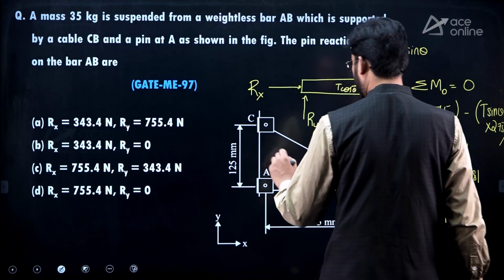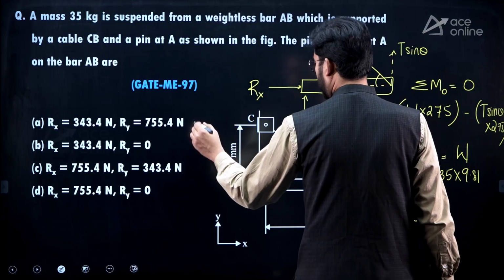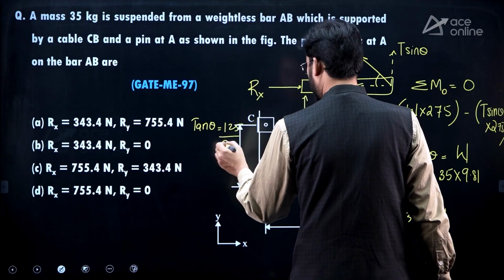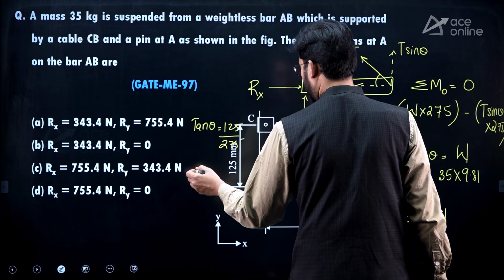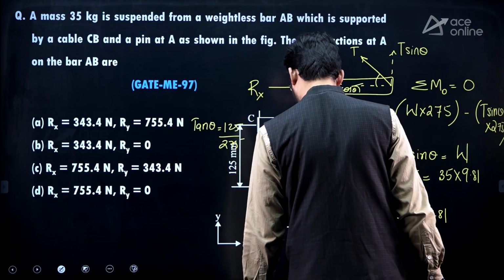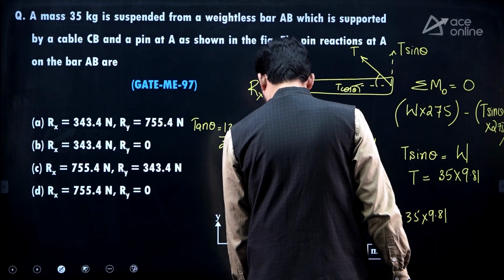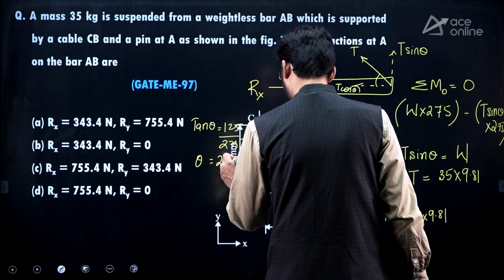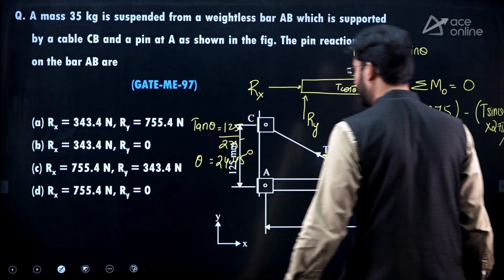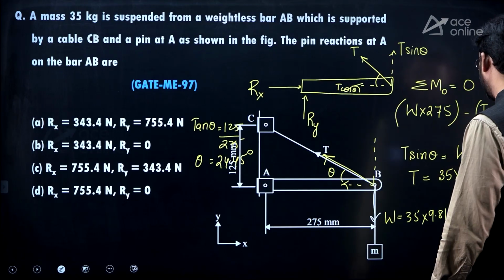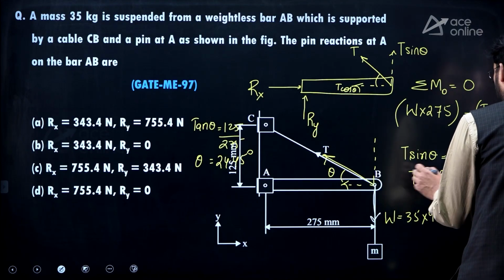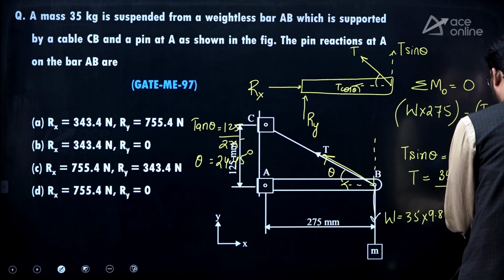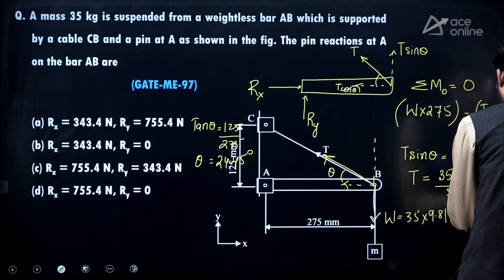Tan theta will be 125 by 275, so theta is equal to 24.45 degrees. So T will be equal to 35 into 9.81 divided by sine of 24.45 degrees.